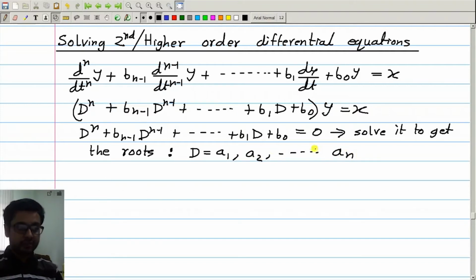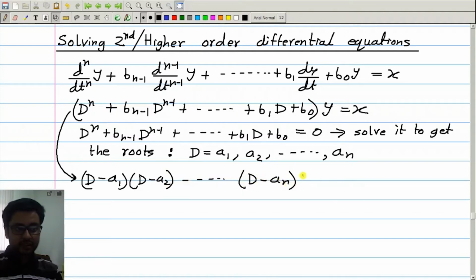Some of them can be repetitive, maybe a1 and a2 are equal. Then you can write this differential equation like this: (D minus a1)(D minus a2) up to (D minus an) operating on y is equal to x.